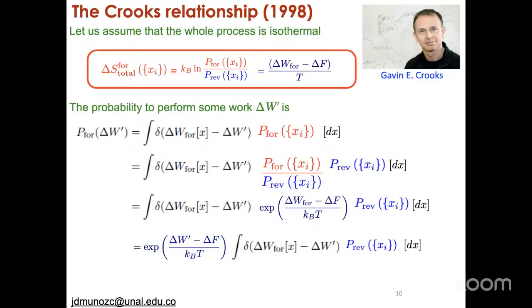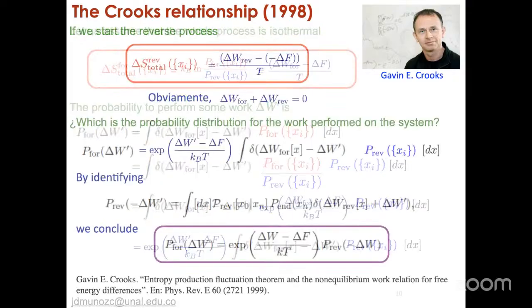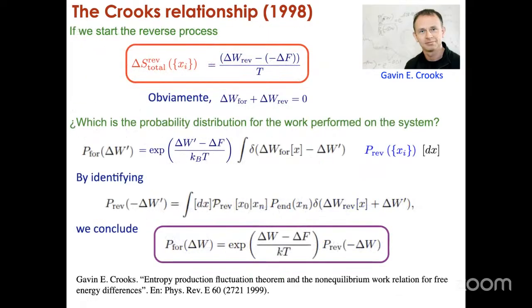So it's very simple. Then, of course, sorry, because of the Spanish, the work in the forward protocol is minus the work on the reverse protocol. Because of the deltas, you can reverse that and identify that as the probability to perform a work minus W on the reverse protocol.